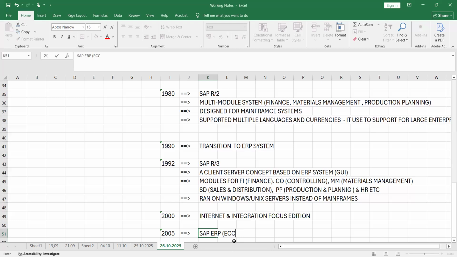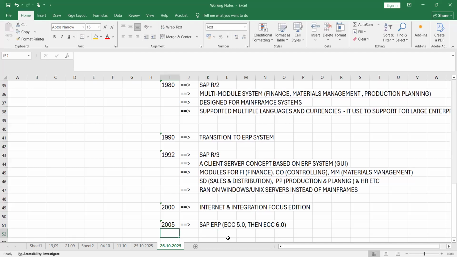E stands for enterprise, nothing but any enterprise; SAP will give the solution. So we call it ECC 5. After that, ECC 5.0, and then they came up with ECC 6, 6.0. Clear?